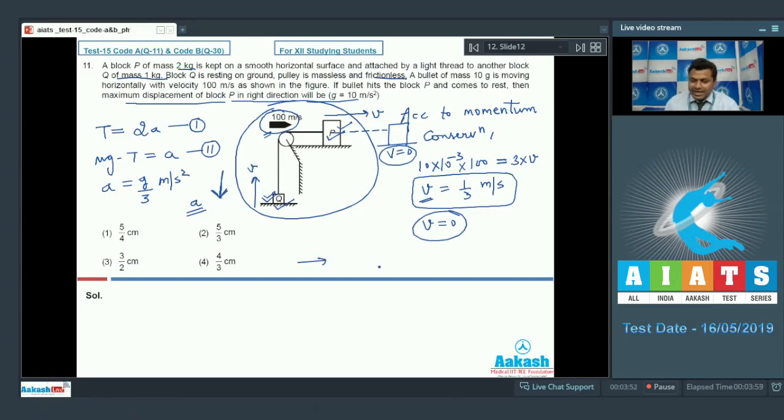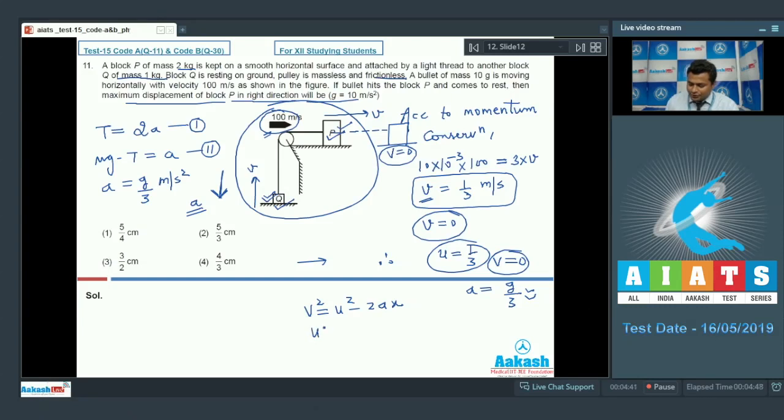Now we have got initial velocity 1 by 3, final velocity 0, retardation g by 3. Now we can apply the third equation of kinematics, that is v square equals u square minus 2ax.